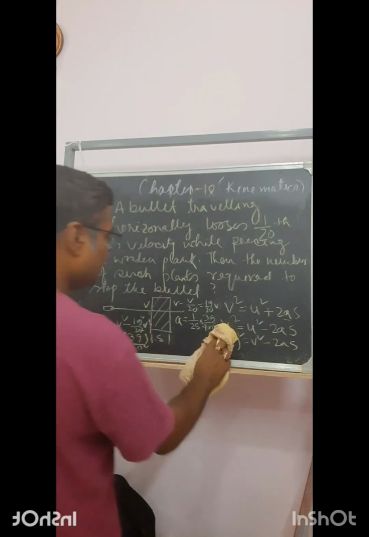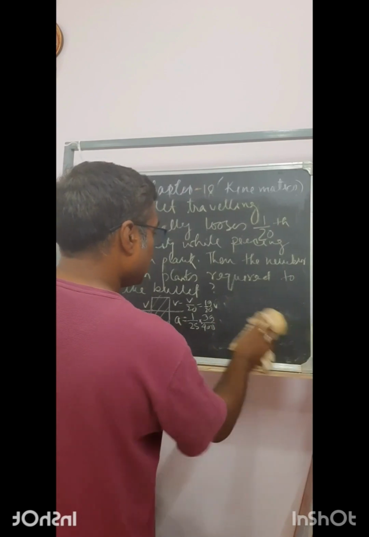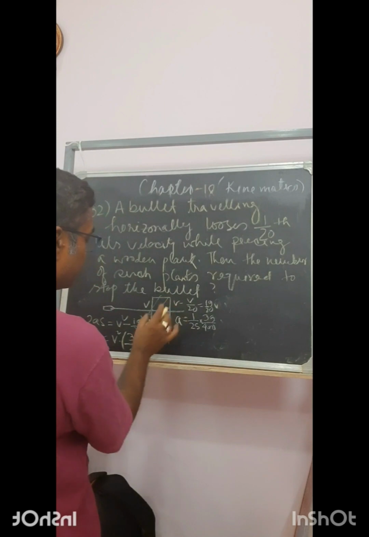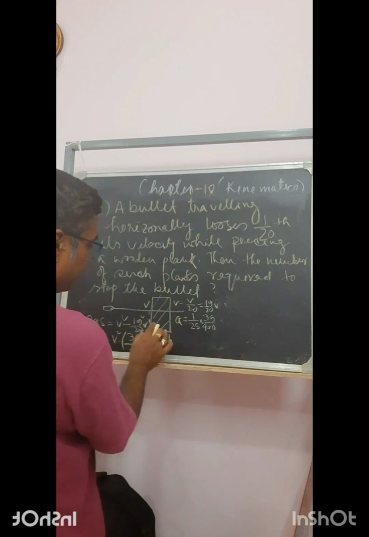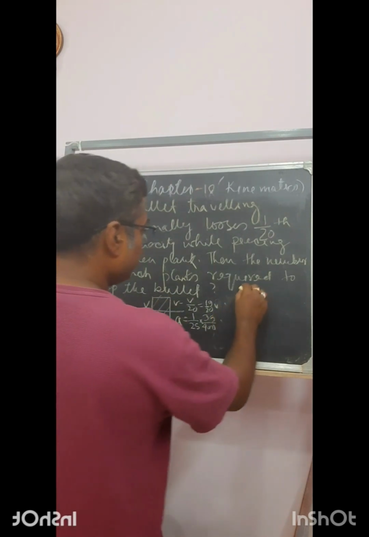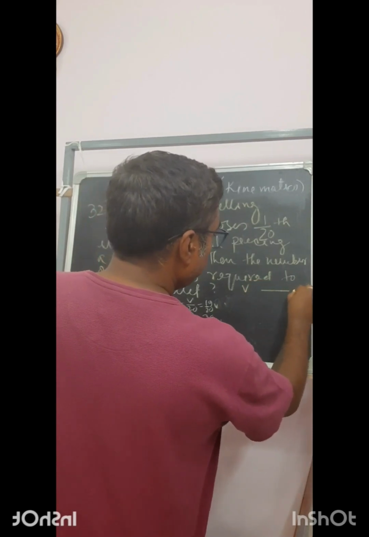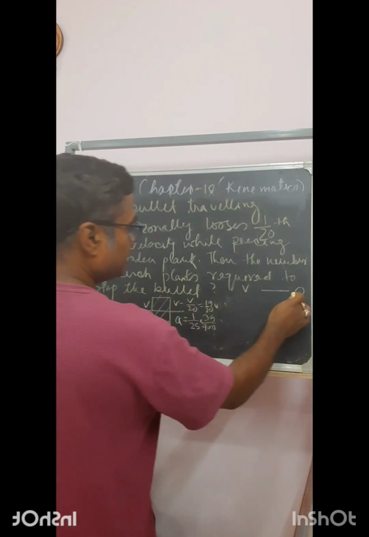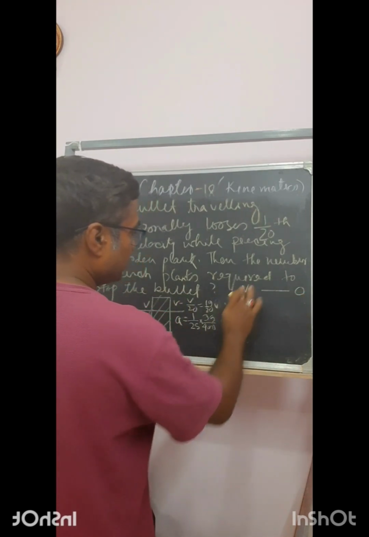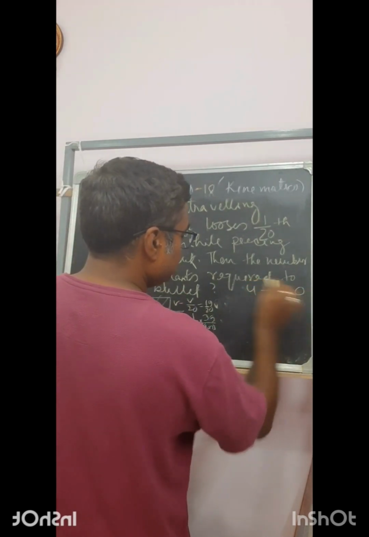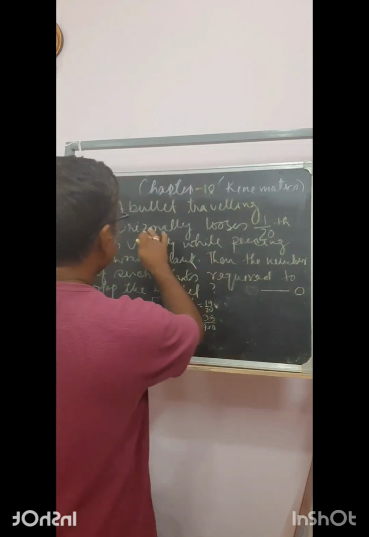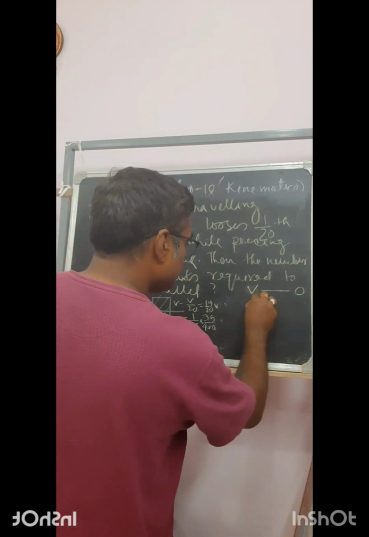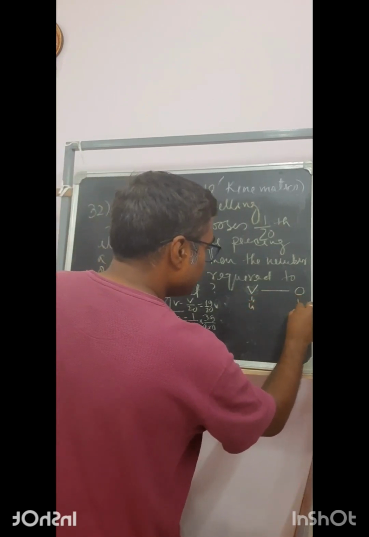Now A is known. Now what would be the ultimate case, where I have to find the number of planks. So one plank, if it is s giving this reduction, from v the ultimate will be 0, and it will be standstill such that the bullet stops. That means the initial velocity I can take is v, and the final velocity is 0.